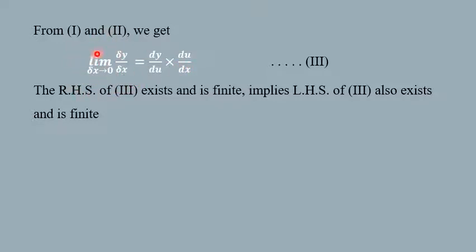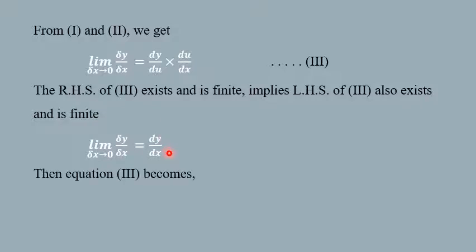LHS exists means the limit as delta x tends to 0 of delta y upon delta x exists. So by definition, if the limit of the increment ratio exists, then we say the corresponding function is differentiable. That is, y is a differentiable function of x, and this limit is denoted by dy by dx.